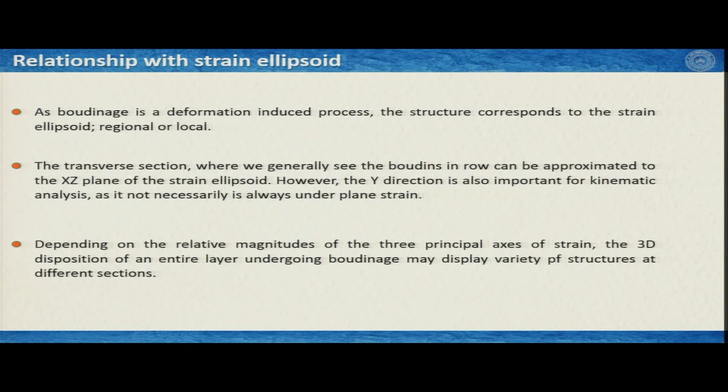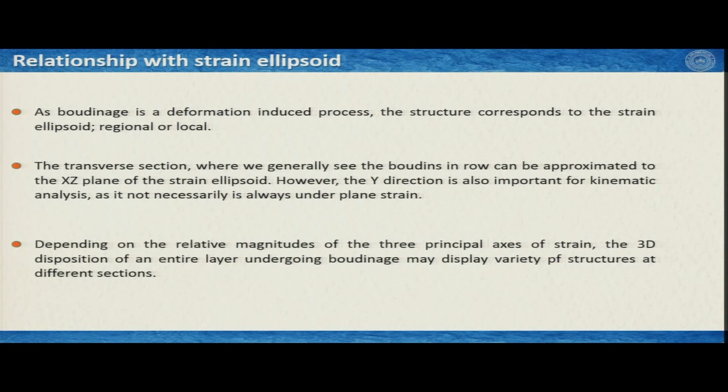The transverse section, where we generally see the Boudins in a row, can be approximated to the XZ plane of the strain ellipsoid. However, the Y direction is also important for kinematic analysis, as it is not necessarily always under plane strain, and we will see this very soon.